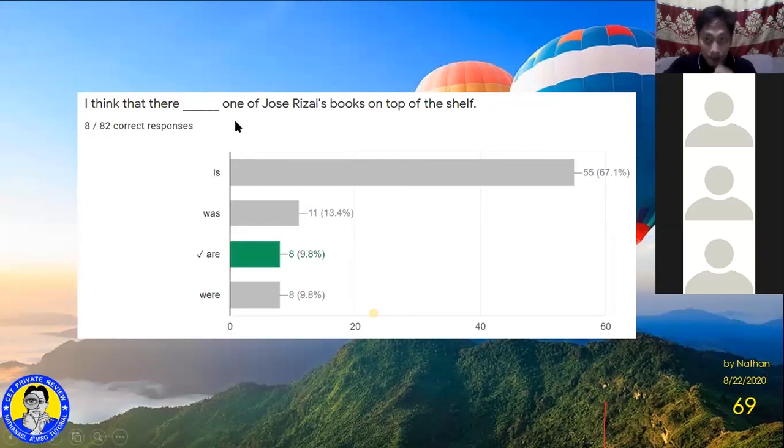So it should be singular, right? But you forgot that if you qualify the reality of this statement, it is not yet true, because you're just thinking about it, right? If you observe, then it's true. I observe that there is one of Jose Rizal's books on top of the shelf. But if you just say "I think," then it's not yet true.